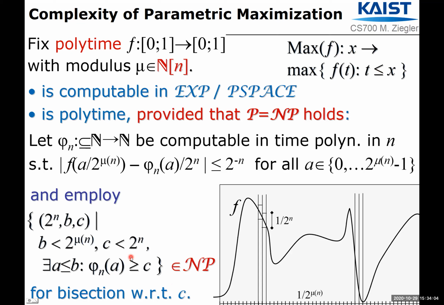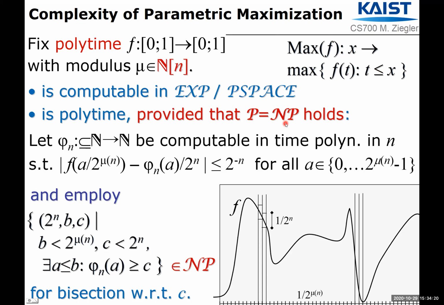That is, if P is equal to NP, this is actually a polynomial time bisection algorithm. So this is where the famous P versus NP millennium problem enters.